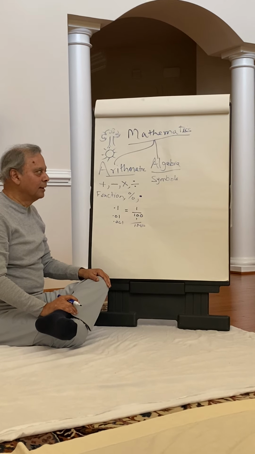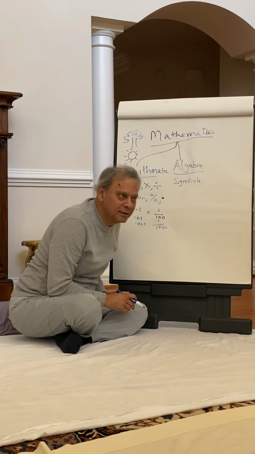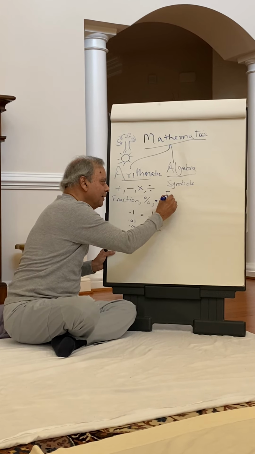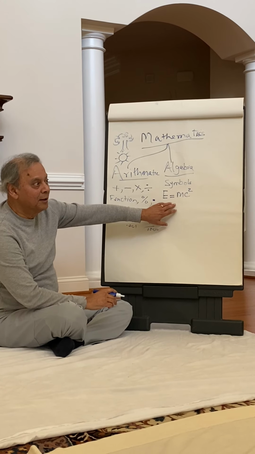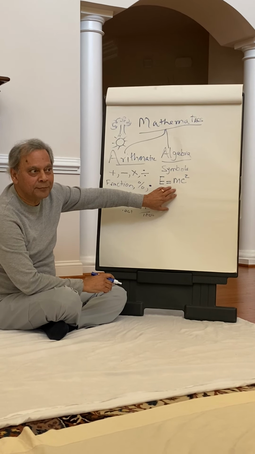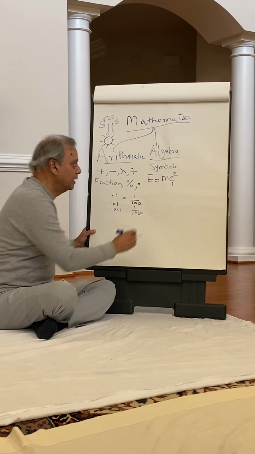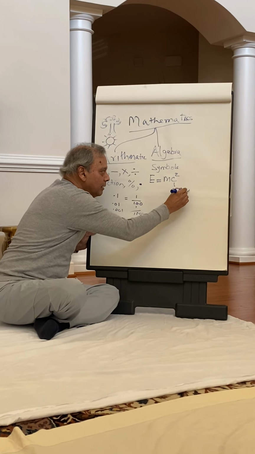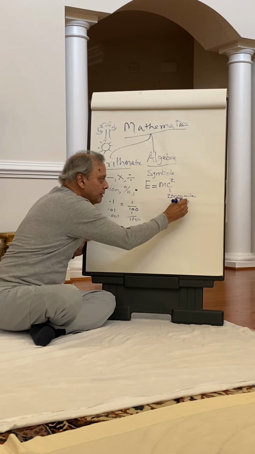Okay? So the most famous algebra is E equals MC squared. This is algebra. But actually these are numbers, because c is the speed of light, which is 200,000 miles per second.